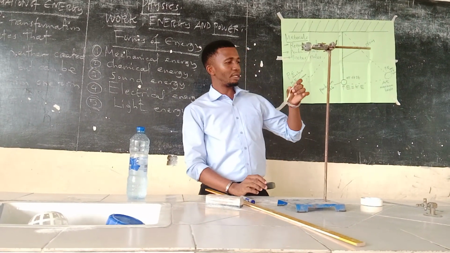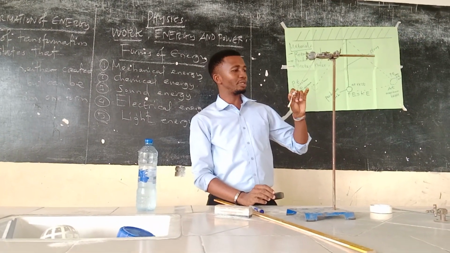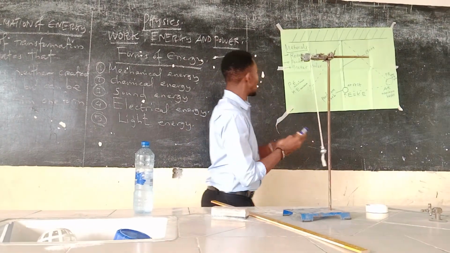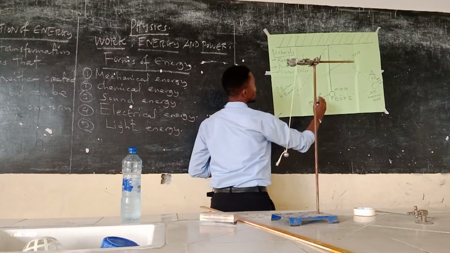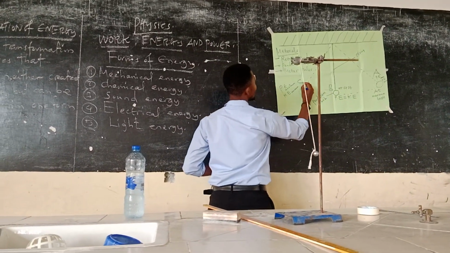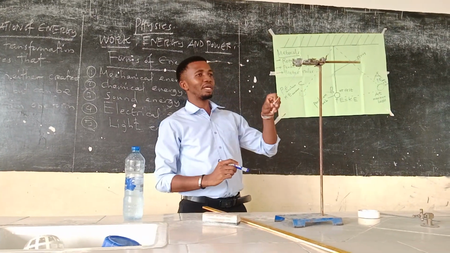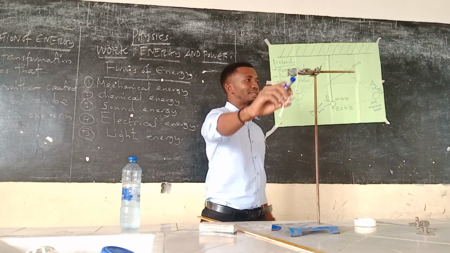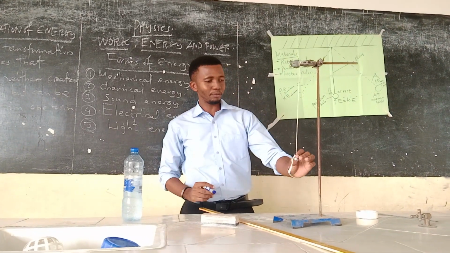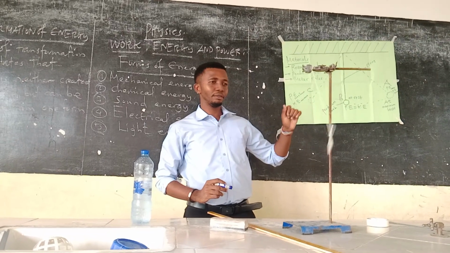Let us suppose this is our maximum point, point A. In our diagram we can use this as A, this as B, and this as C. We want to check the energy at point A. This one is point A, and this one will be point C, the top one. I will let it swing for a second.